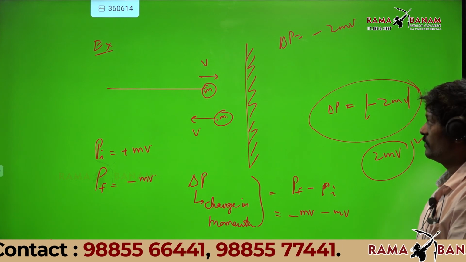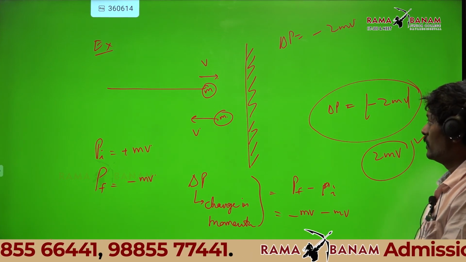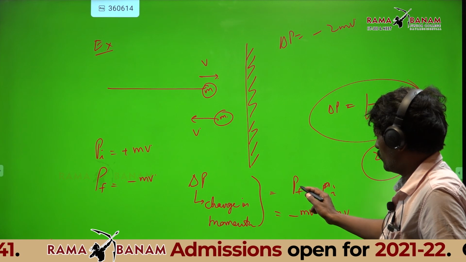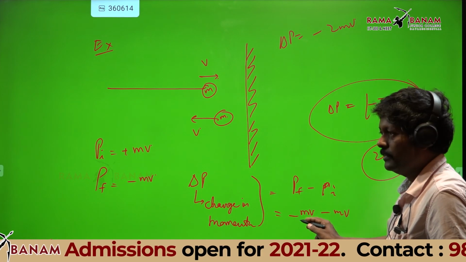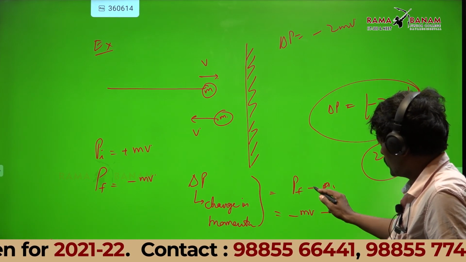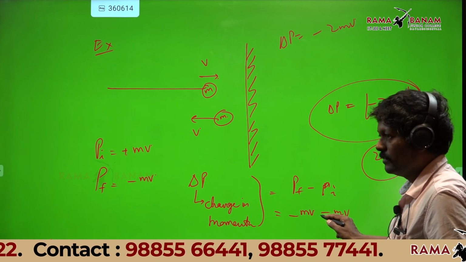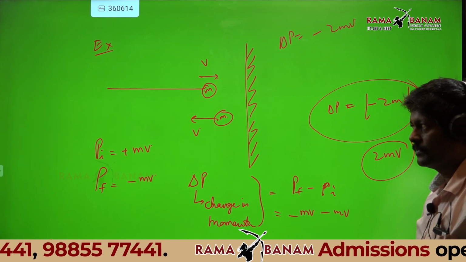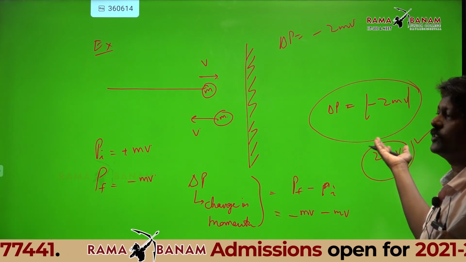Which is correct? Not 0. How? Just now I told you. Final momentum is minus mv, initial momentum is plus mv, with the minus in the formula. Final momentum means the ball moving towards the left, and initial momentum is the ball moving towards the right.